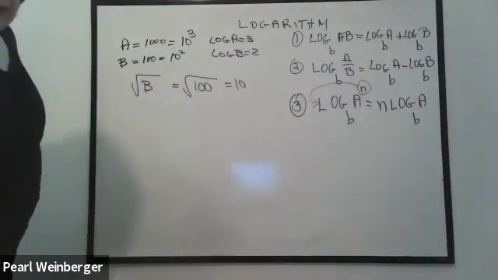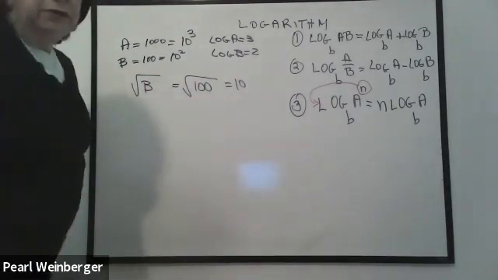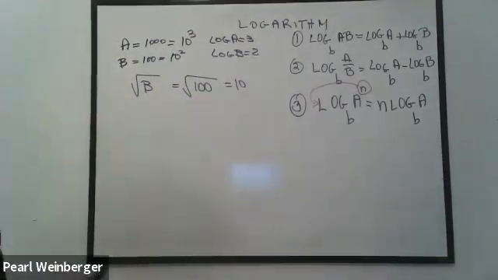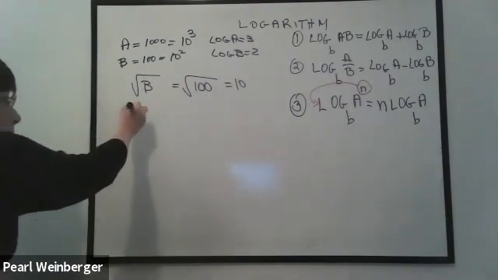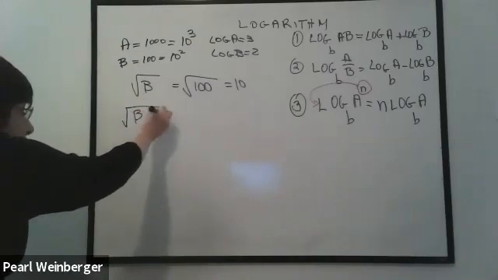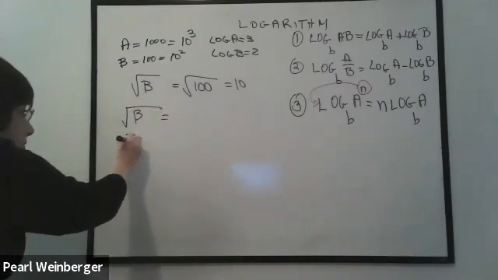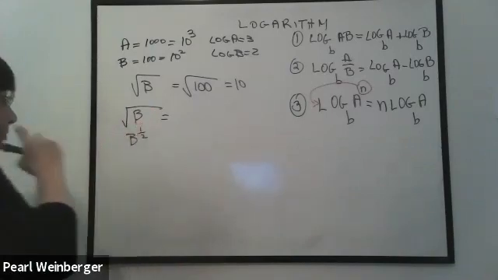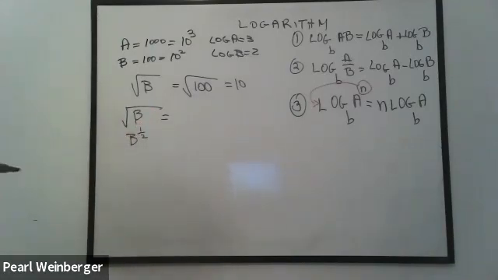It turns out when you're working with logs, you never work with radicals. But there is a way of working with radicals and logs if you change your radical form to exponential form. Remember, you could write the square root of b as b to the 1/2 exponent. We did this when we discussed exponents at the beginning.